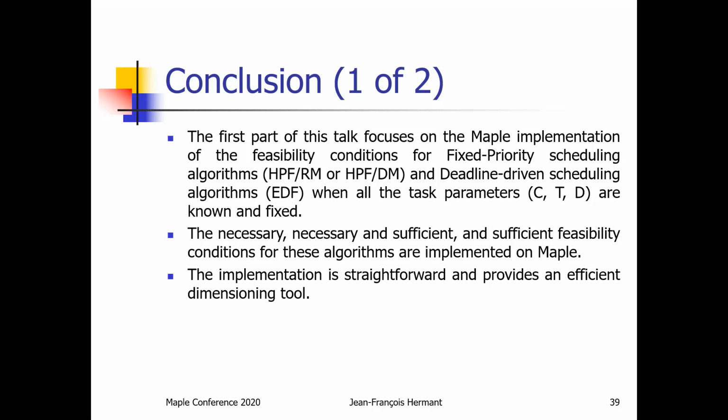The necessary and sufficient feasibility condition for these algorithms are implemented on Maple. The implementation is straightforward and provides an efficient dimensioning tool. So these are the Maple worksheet number 1 and number 2.